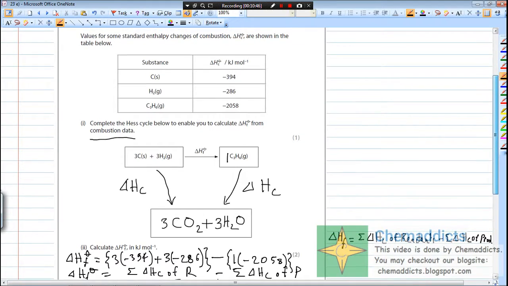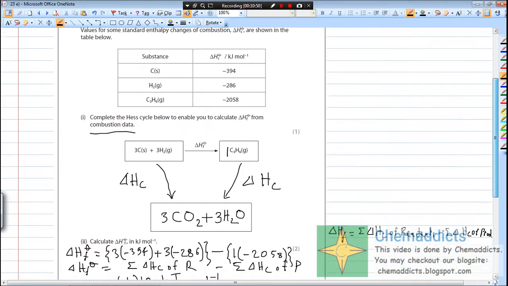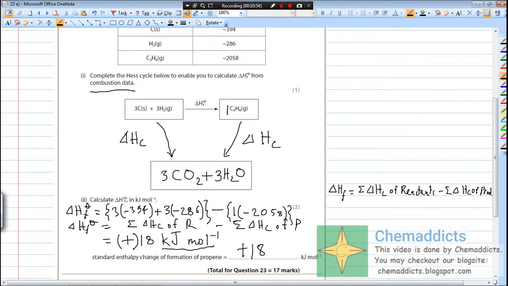Here they didn't mention significant figures, so we will leave it like that. That's the solution to this question.